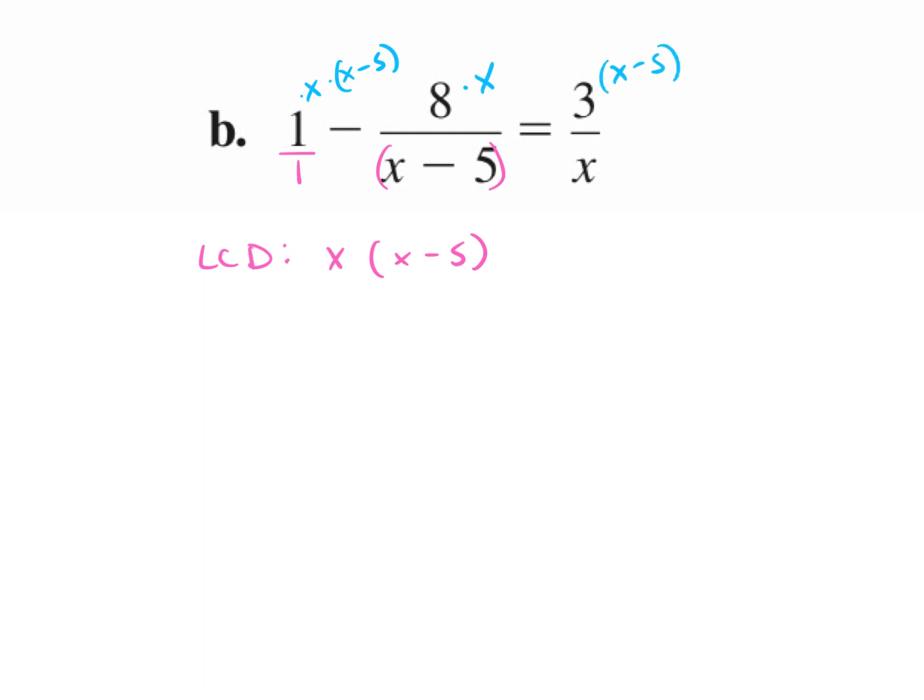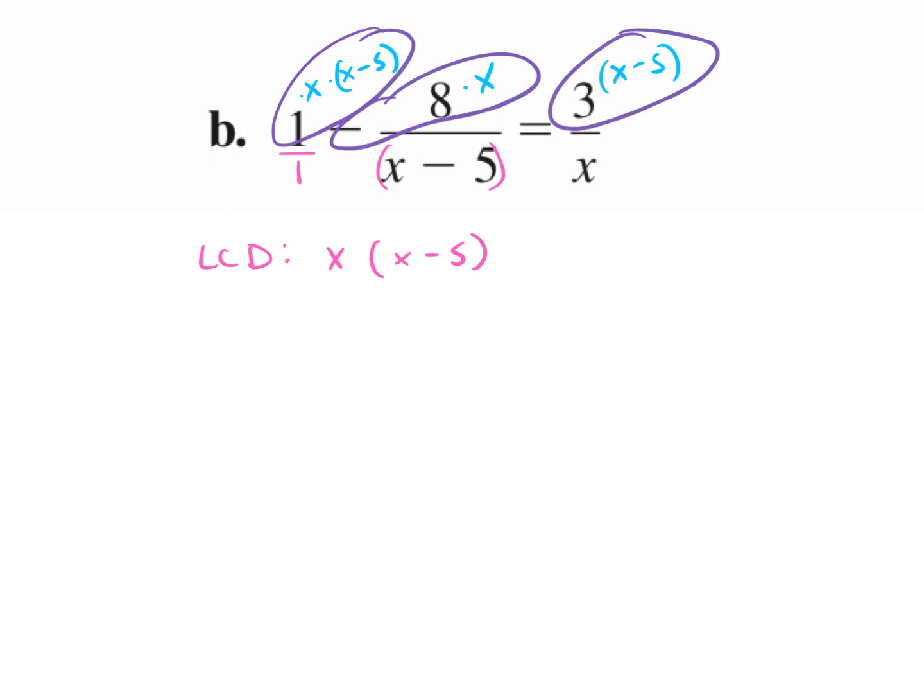So now we multiply the numerators by the factors. So 1 times x minus 5 would just be x times x minus 5. And be careful here, because we're subtracting, it's a negative 8, so that would be negative 8x. And that's equal to 3 times x minus 5.